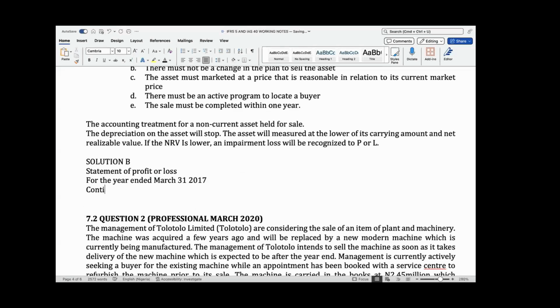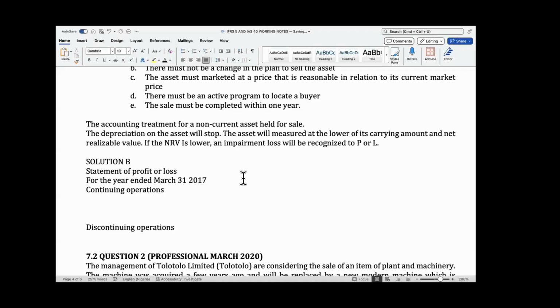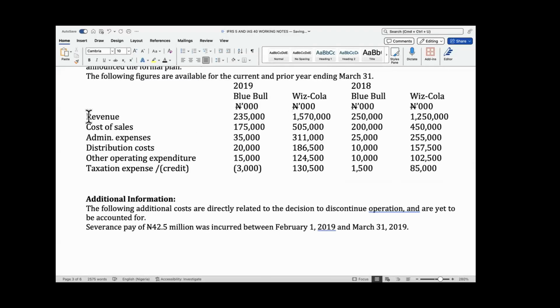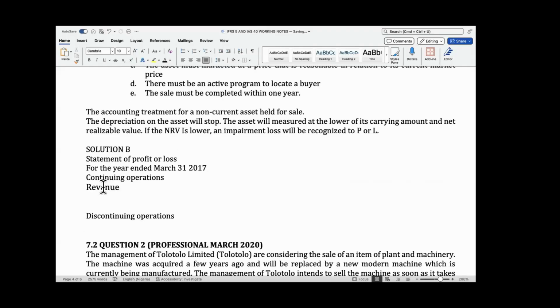So we'll have continuing operations, and we'll also have discontinued operations. For our continuing operations, which is Whiskola, we'll pick its revenue.